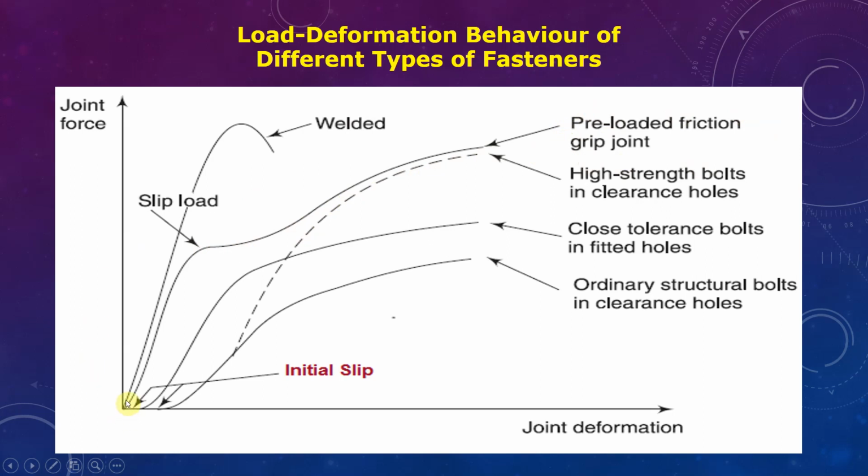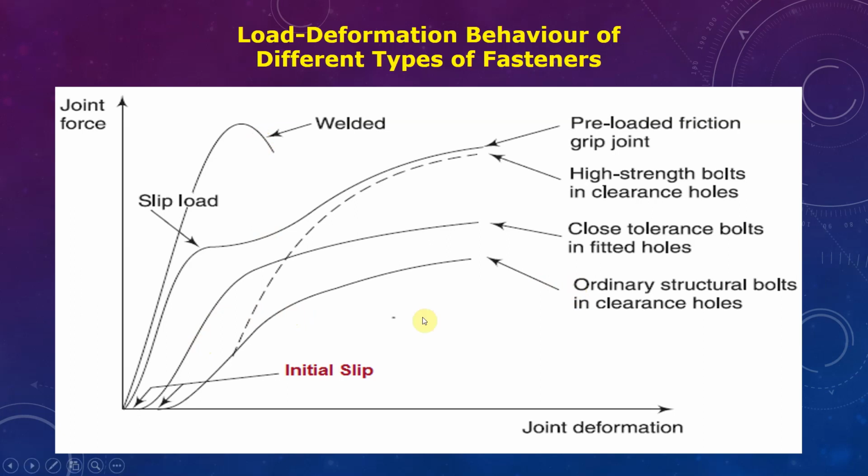And the last graph, which is having more efficiency because it is resisting more joint forces compared to less joint deformation, is a welded joint. So depending on different types of bolts, there is a variation in resistance as well as joint deformation.